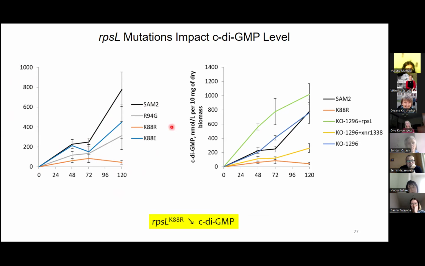And one of our mutants, K88R, produces almost no c-di-GMP. This was a very drastic difference. The two other mutants are pretty much within the error margin of the wild type. Maybe a little bit less over here than wild type, but still not as dramatic as K88R. So this was a big finding for us.